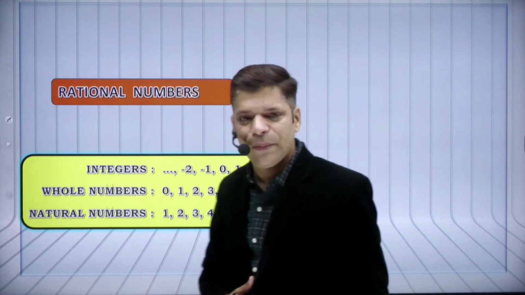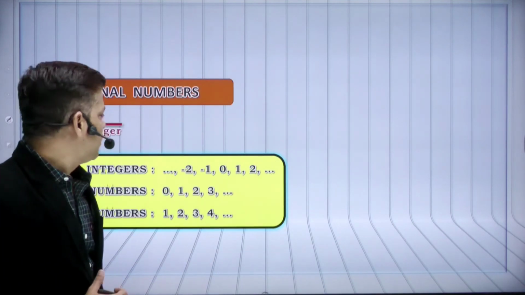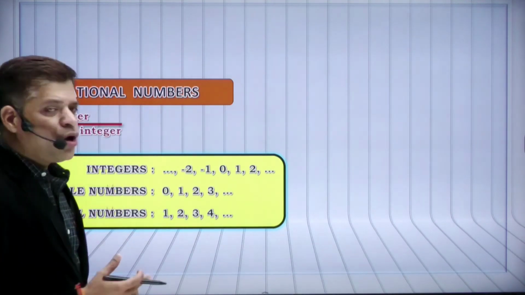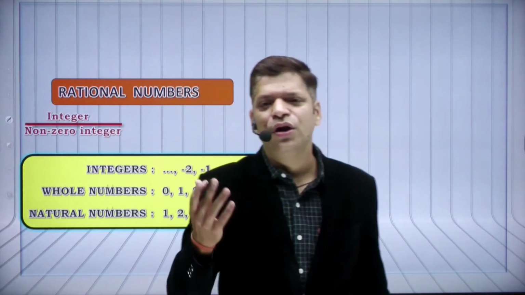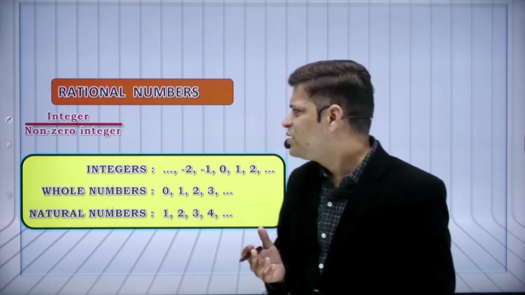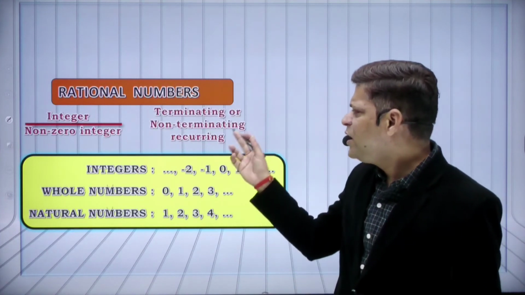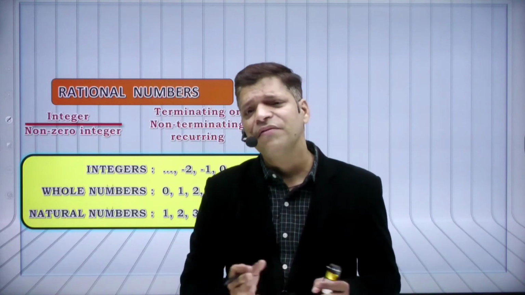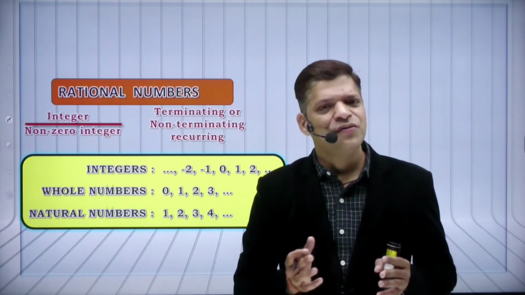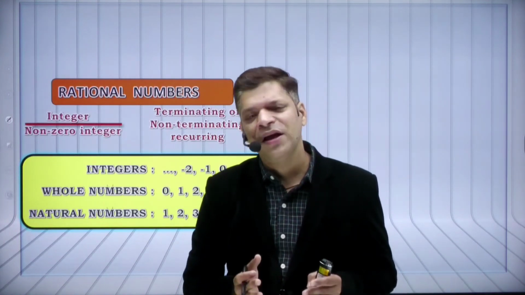In the same way, we can also define a rational number as an integer upon a non-zero integer, that is, in the form p by q.